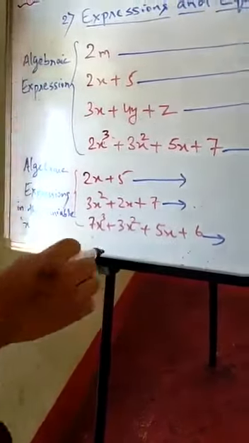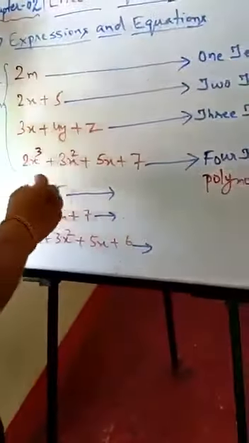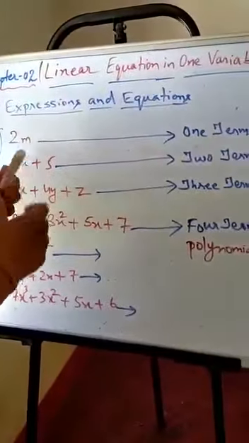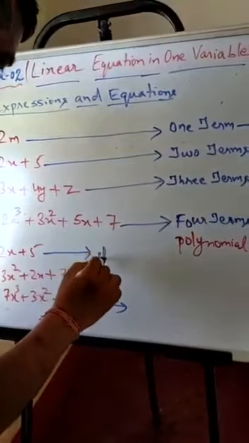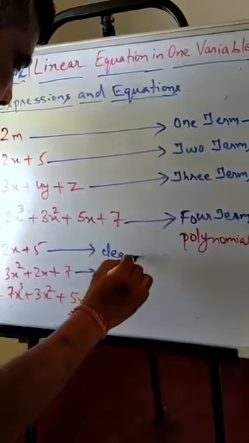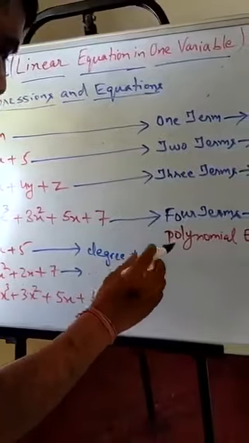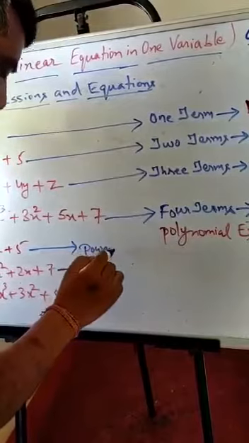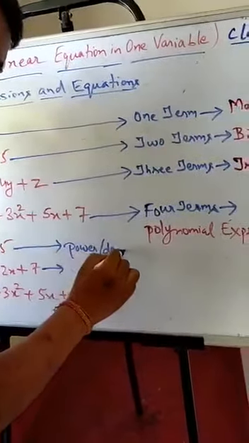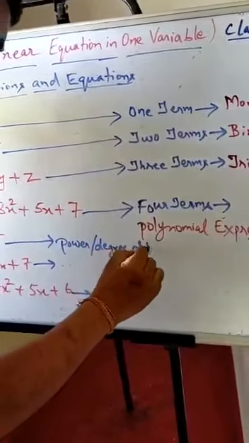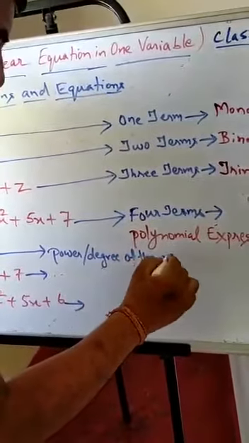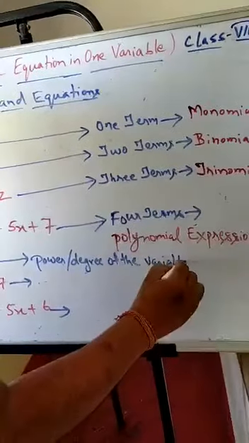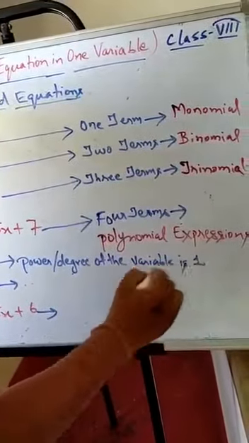So in this I can see that it has a degree, meaning you can write a power, or degree of the x, the variable. Here the power or degree of the variable x is 1.